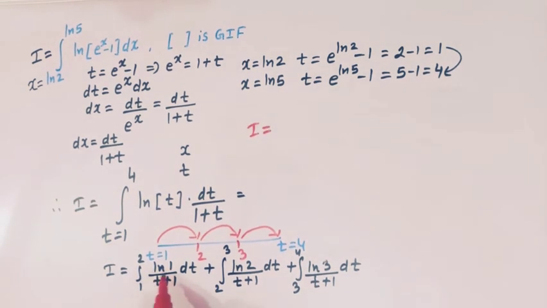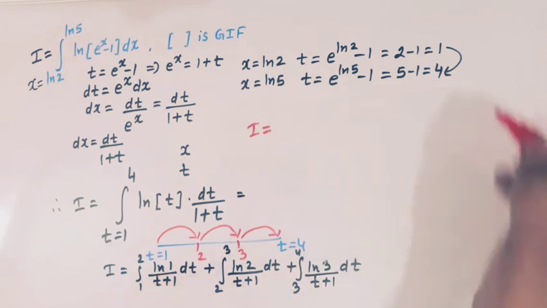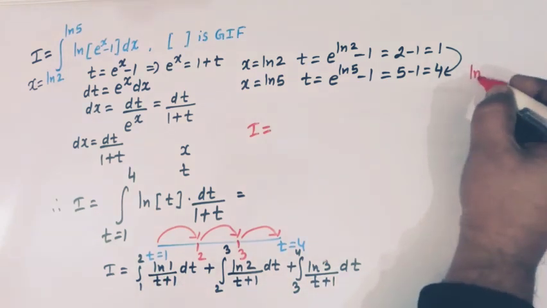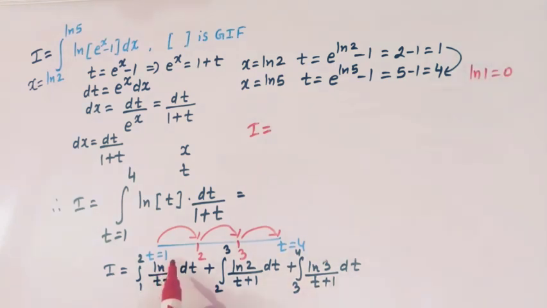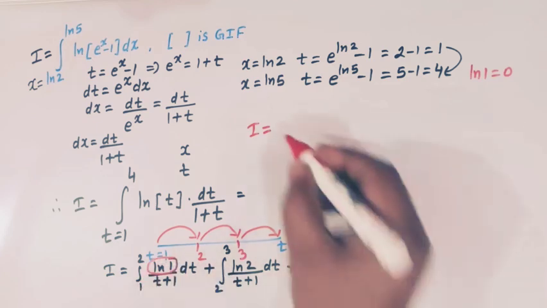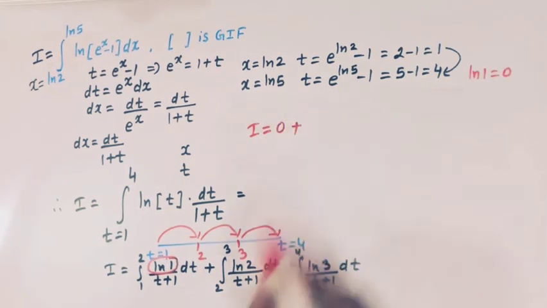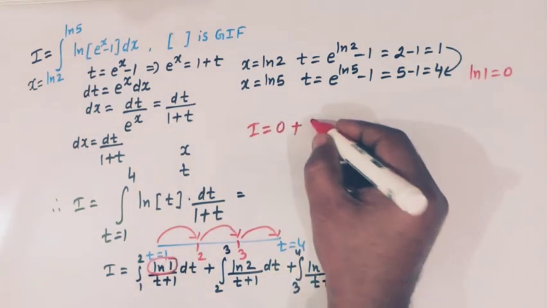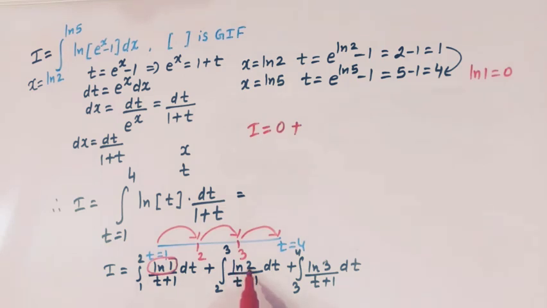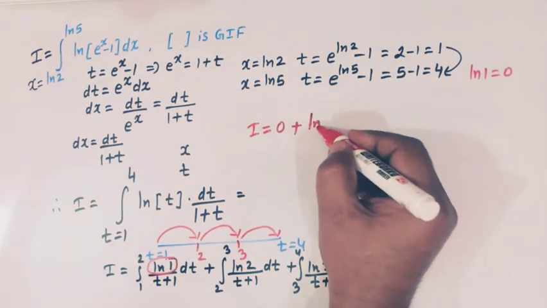So now here we know that the value of log of 1 is 0, so the value of this integral is 0, and plus, here we can take log of 2 outside the integral.